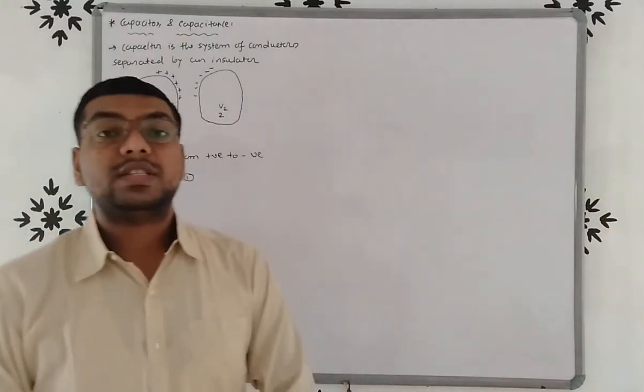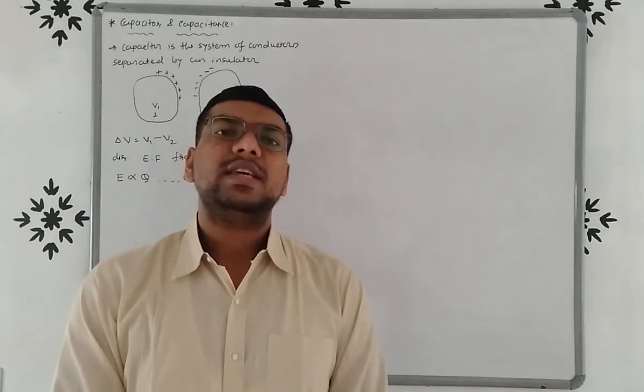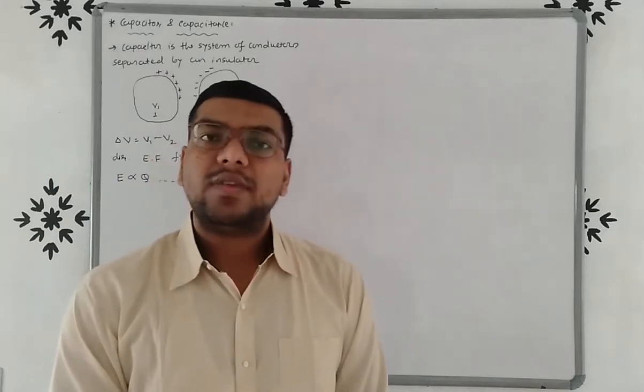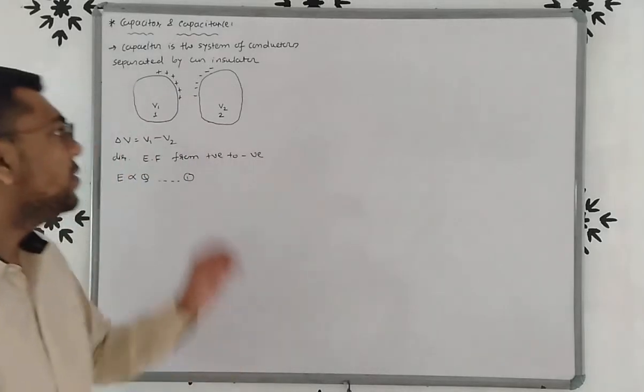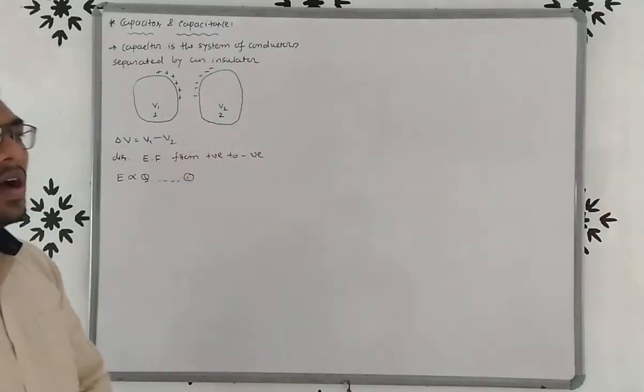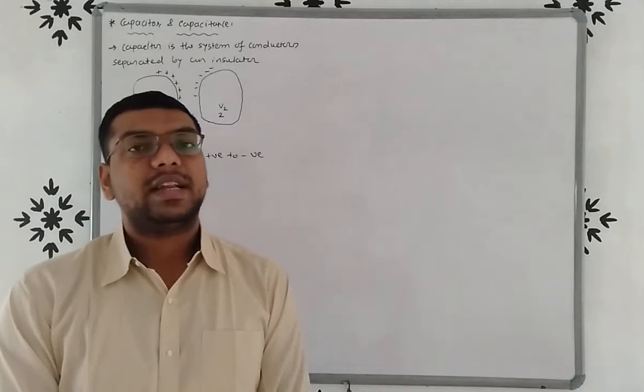Now friends, what is potential? We already know that potential is the work done required to move the charge from one conductor to another conductor, but the direction is opposite to the electric field.